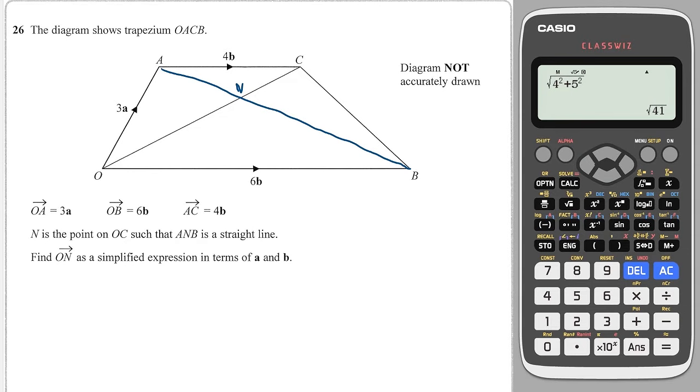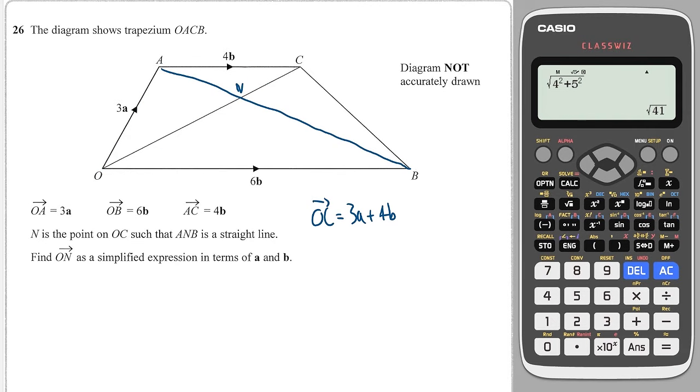Right, so what we're going to have to do is come at it from 2 angles. So first off, I am going to look at O to C, so going along that line like that. And that will be 3a plus 4b. Okay, because we go 3a plus 4b.